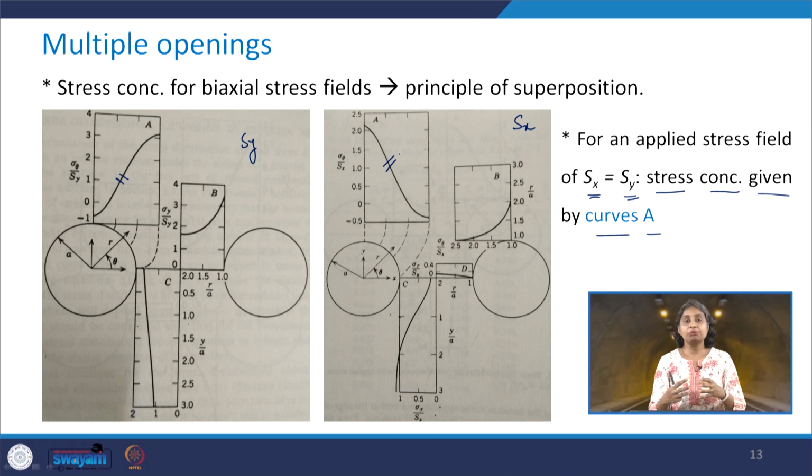Because we are talking about the elastic ground condition, the principle of superposition holds good. So if you combine these two, you will be able to get the stress concentration for an applied stress field which is biaxial.